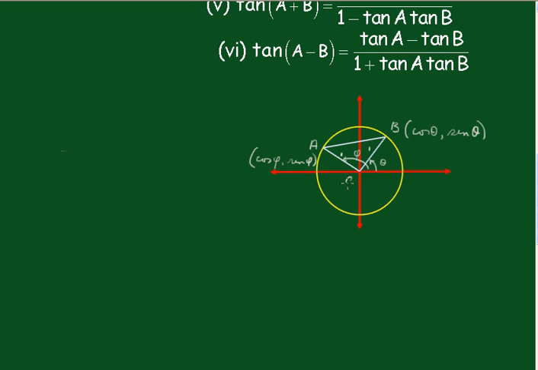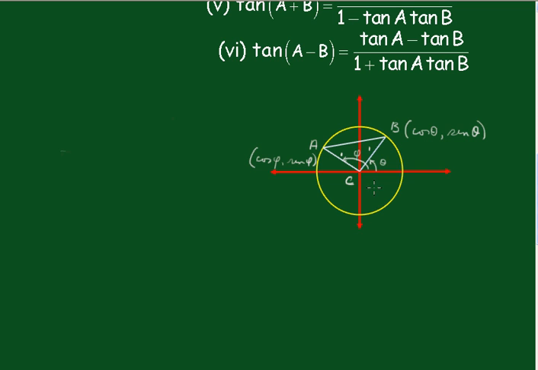Now, if we look at this triangle here, we can see from the cosine rule that, first of all, to get these coordinates, B is cos theta, sine theta, because that's the angle theta, and that's 1. So x on 1 is cos theta, and y on 1 is sine theta, and so on the other side as well.